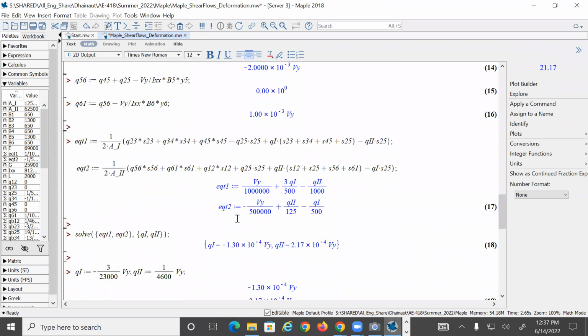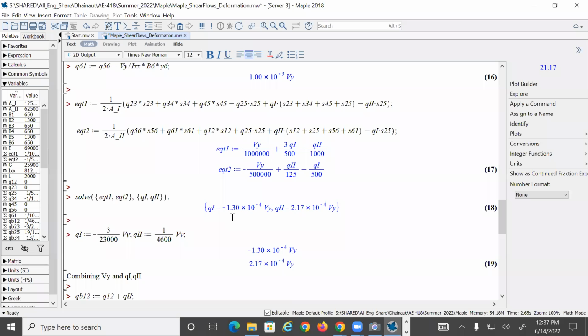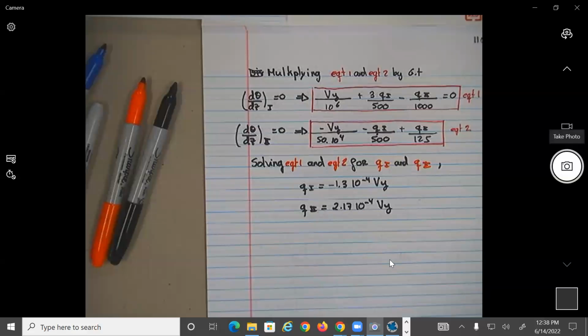Q1 equal to minus 1.3 10 to the minus 4 Vy. Q sub 2 equal to 2.17 10 to the minus 4 Vy. That's basically what I did over here, the equation I just gave you, the one I copied. You're welcome to do it by hand, but I'm always going to do Maple or MATLAB in order to do this stuff.